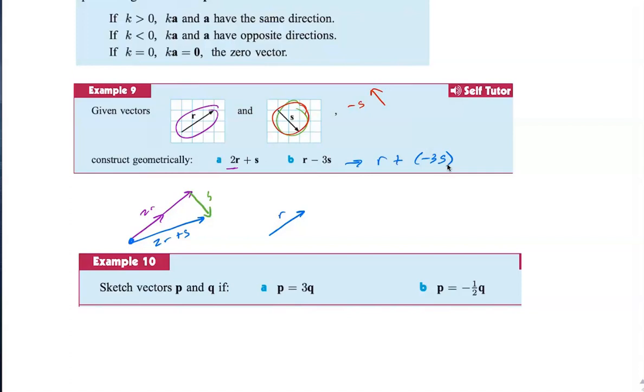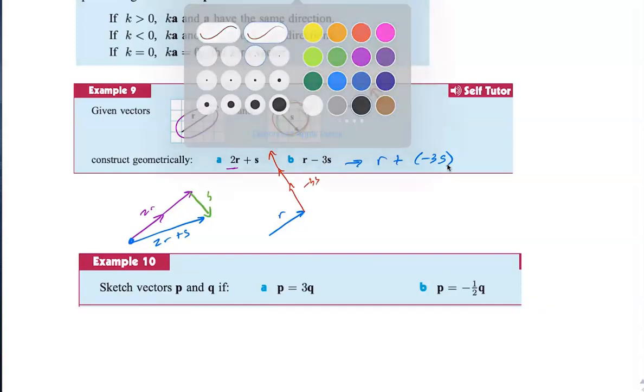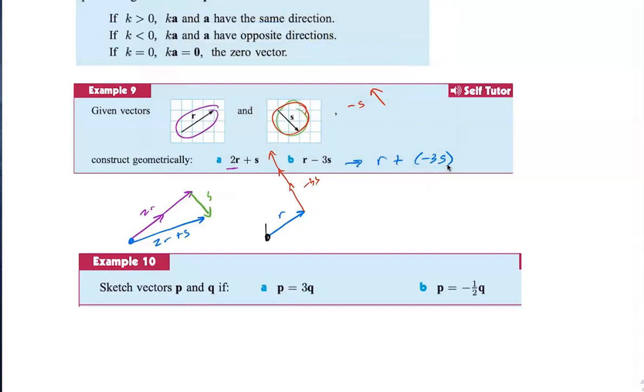I need 3 of those, so negative s, and negative s, and negative s. That's negative 3s. Then the answer is just going to be from where I started to where I ended. That's roughly r minus 3s. Again, your answer is that actual arrow you found there. The resultant vector is your answer.